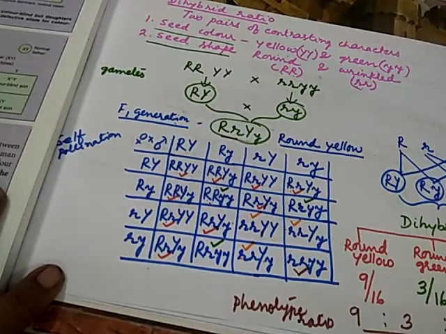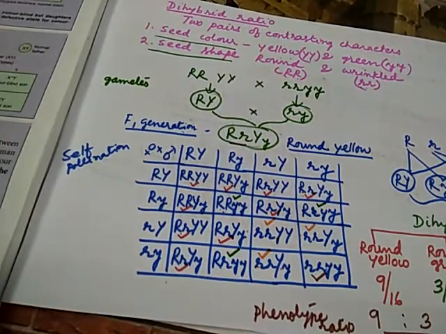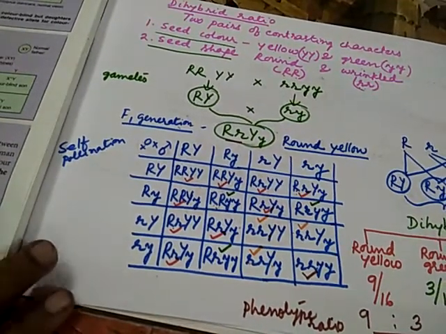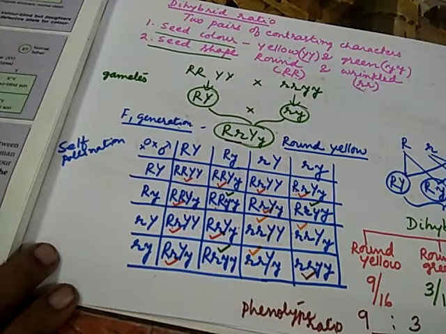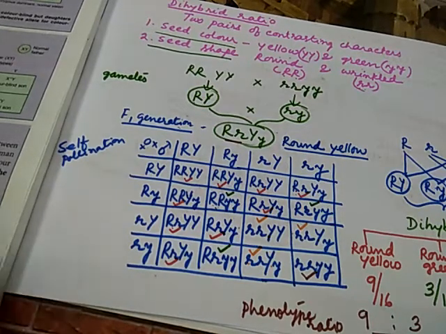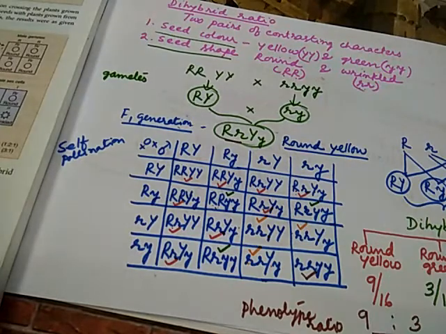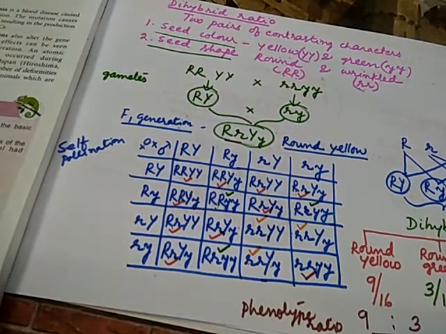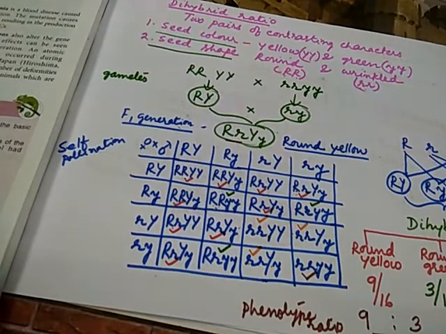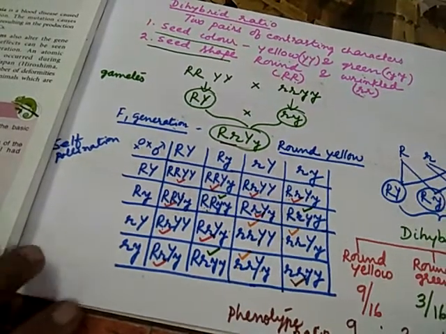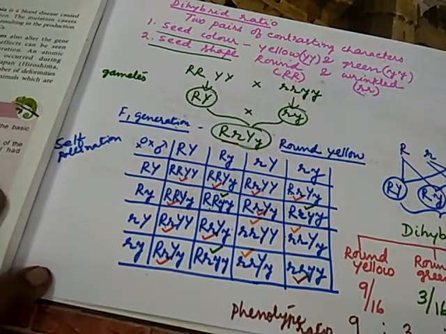So sex-linked inheritance has two example diseases: one is color blindness, the other is hemophilia. You will be practicing Punnett squares of the monohybrid and dihybrid ratios, so that you can go through them; one or two more examples are also there.